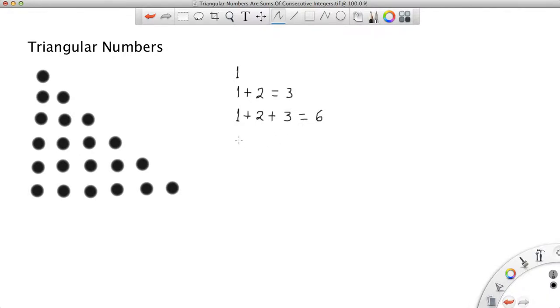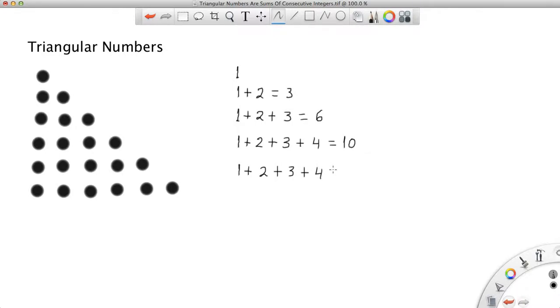For the next triangle, we added a row with 4 dots, so now we have 1 plus 2 plus 3 plus 4, and then 6 plus 4 equals 10. This is how we build a sequence of triangular numbers. 1 plus 2 plus 3 plus 4 plus 5.